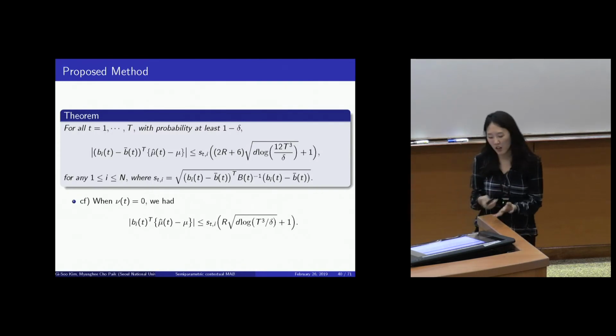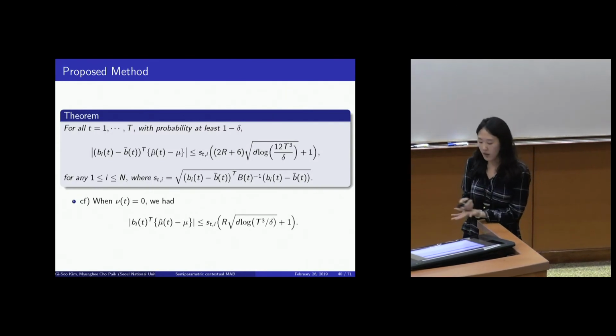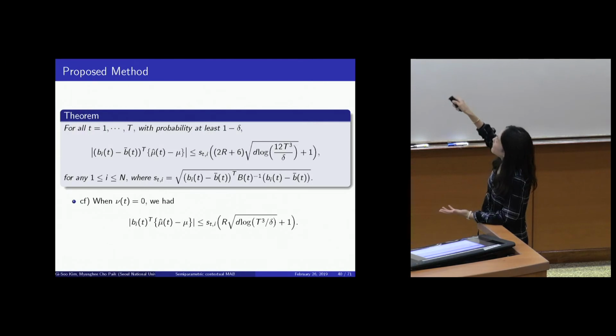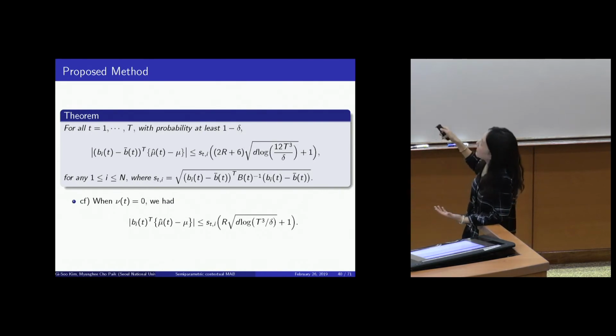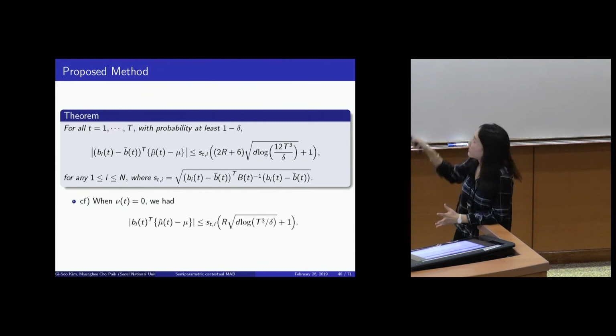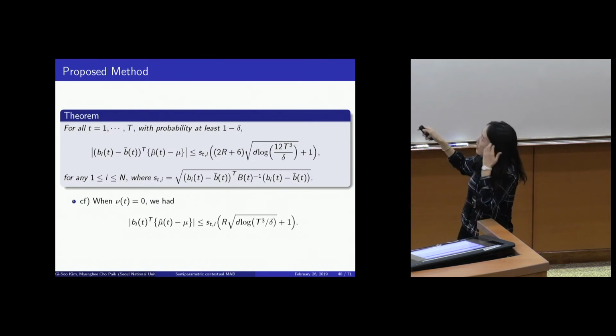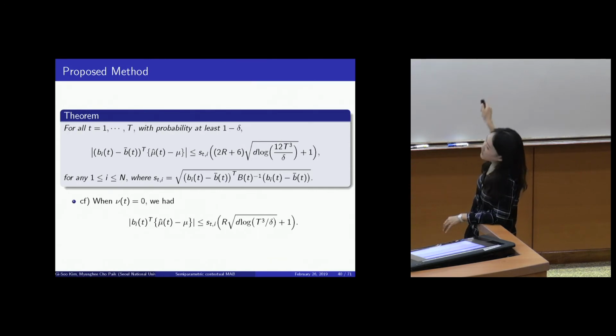And the main contribution of our work is a new theorem for bounding this term by the right-hand side. When nu t was 0 in linear bandits, we had a similar bound for a similar term, and we can see that the two bounds are comparable.